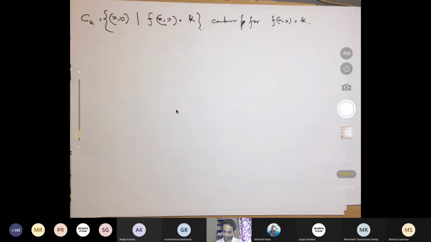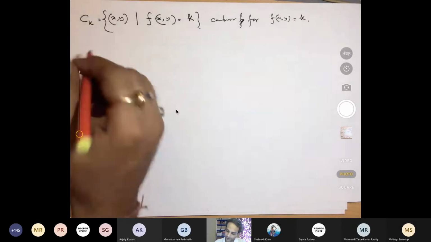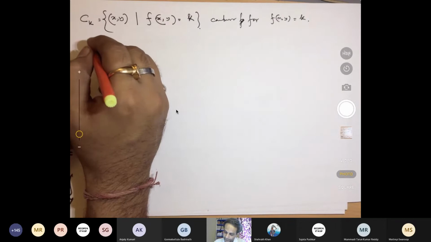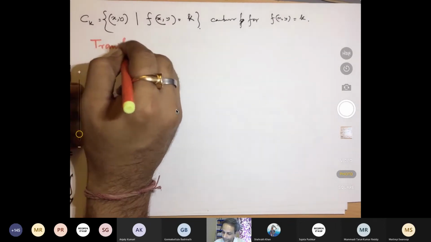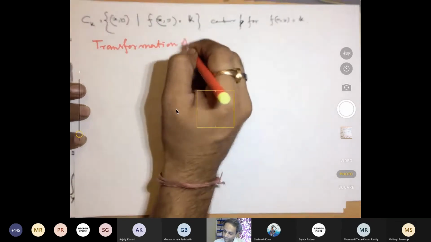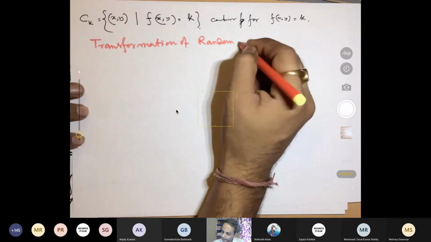Okay, now we are going to study the transformation of random vectors. Rather, already we have done the study of transformation for univariate random variable. So today we are going to introduce transformation of random vectors.